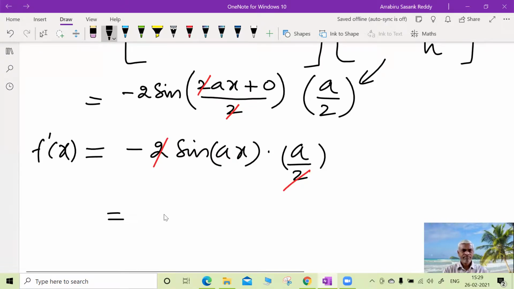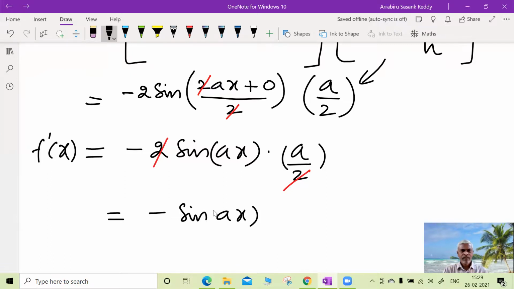Therefore, minus sine ax into a, and you can write this a here, a into sine ax.